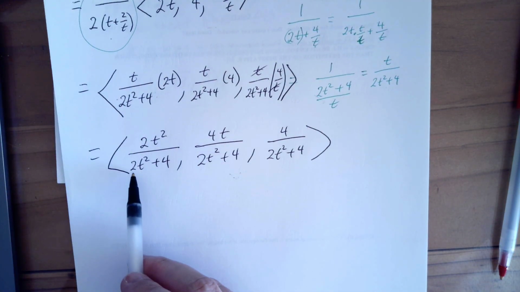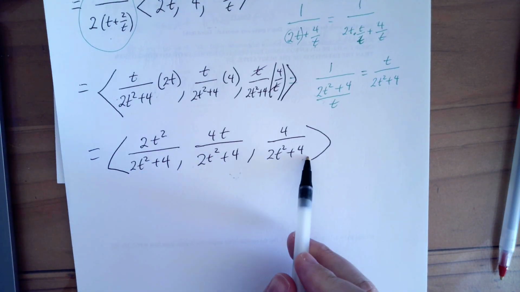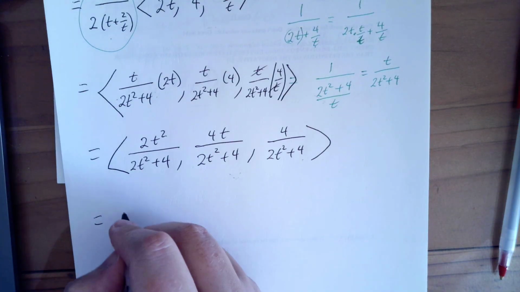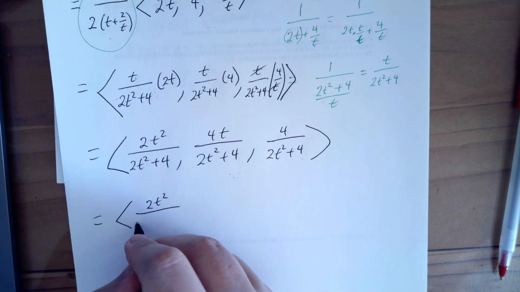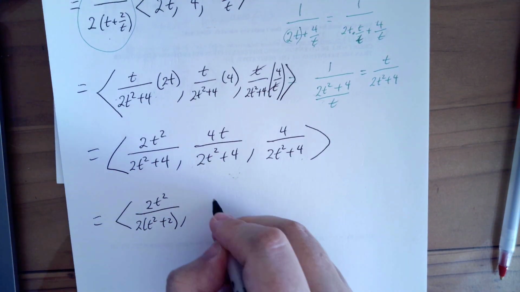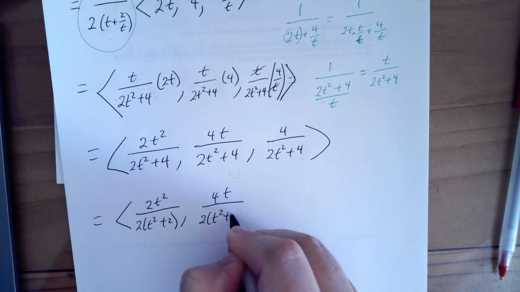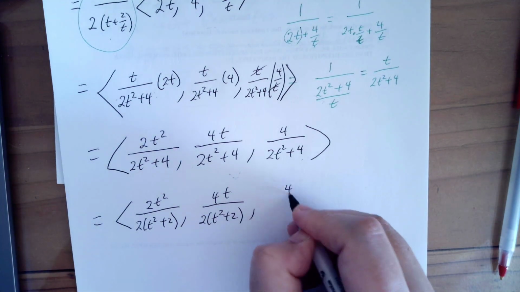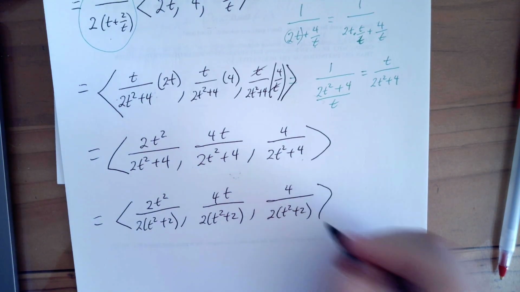If you notice here, in these denominators, we have a common 2, so you can pull those out. This would be 2t squared over 2 times (t squared plus 2), comma, 4t over 2 times (t squared plus 2), comma, 4 over 2 times (t squared plus 2). There it is.